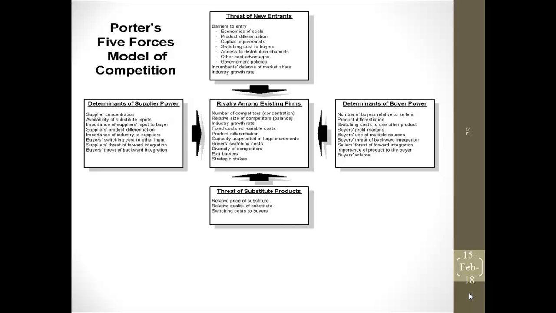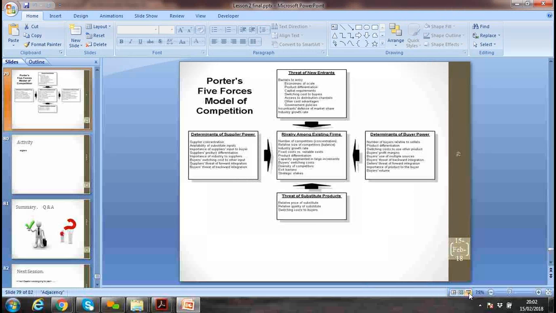Because if they have high power, we have low power. If I take my product to Unilever, Unilever has very high power and I as a supplier have less power, because their operation is in more than 100 countries.